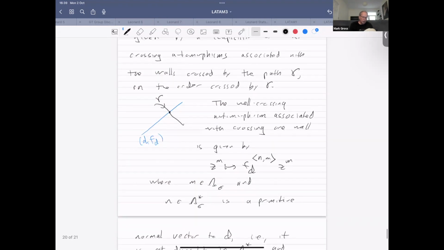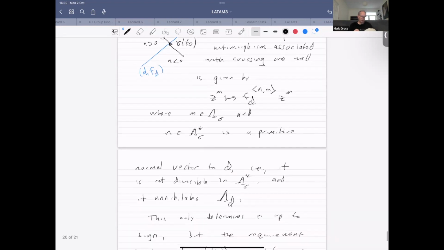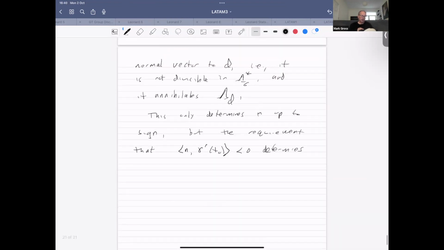So here we have gamma of t0, and the requirement essentially is that n be positive on the half space that gamma is coming from, and negative on the half space that we're going into. So that's this requirement that n is negative on the tangent vector to gamma at t0. This determines n uniquely.